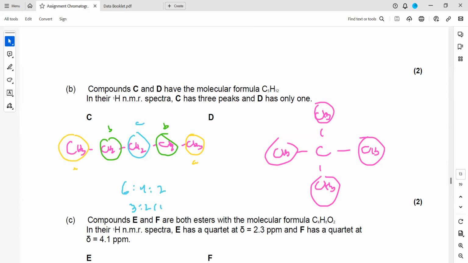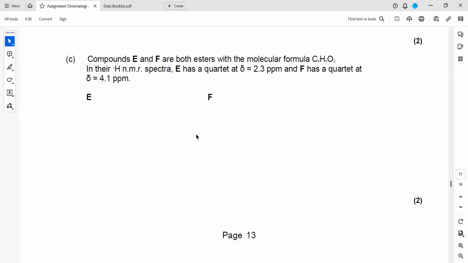Then part C as well. Compounds E and F are both esters, and E has a quartet in its NMR. Quartet means four peaks. And F has a quartet at 4.1.